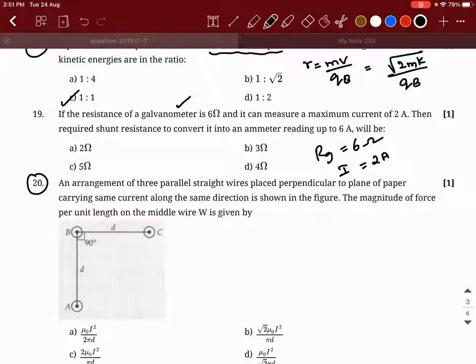We can use Ig equal to Rs by Rs plus Rg into I, so Ig into G. So 2 into 6 divided by I minus Ig, so 4. So it should be 3.